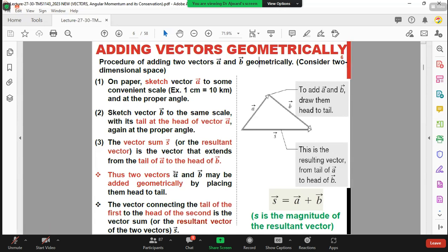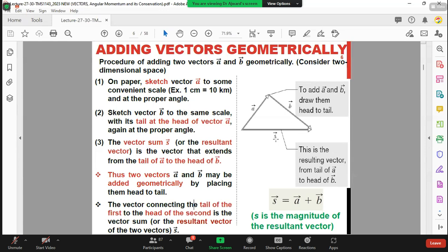So you can add two vectors, for example, vector A and B, by placing them head to tail. Sometimes this method is called the head to tail method. That is, you place one vector's tail on the head of the other vector, and you connect the tail of the first to the head of the second vector.